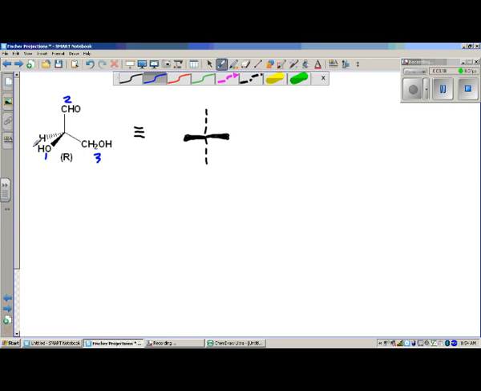What I want you to imagine you're doing is you're positioning your eye here. There is your eye. And you're looking at that carbon in between the H and OH. The H is pointing back, so from your viewpoint it's pointing off to the left, but it's coming out towards you a little bit. And then the OH is coming out towards you, but it's pointing off to the right.